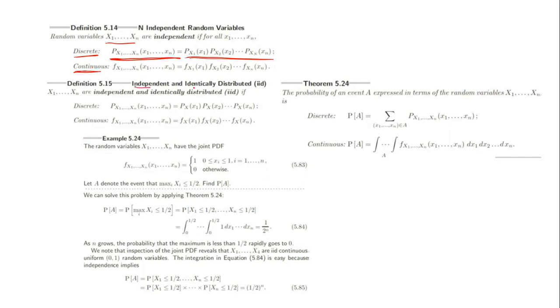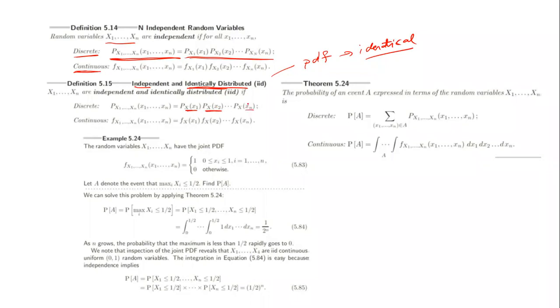Independent and identically distributed. Here, identically distributed means the PDFs are identical, okay? So the PDF of the first random variable should have the same form as the second random variable and the third and then the nth random variable.